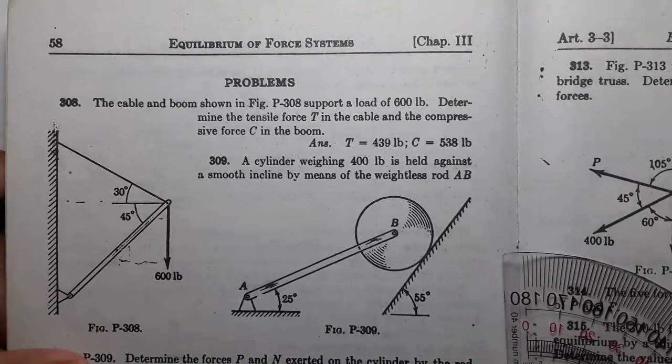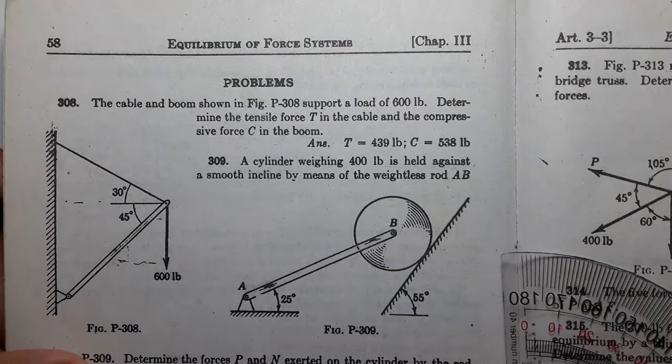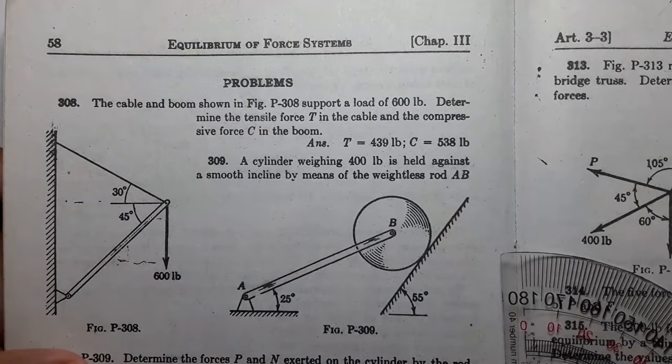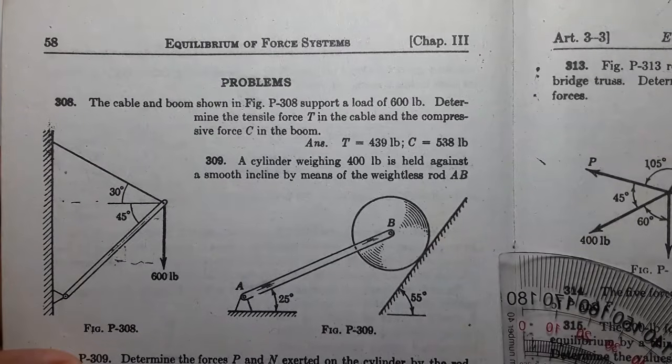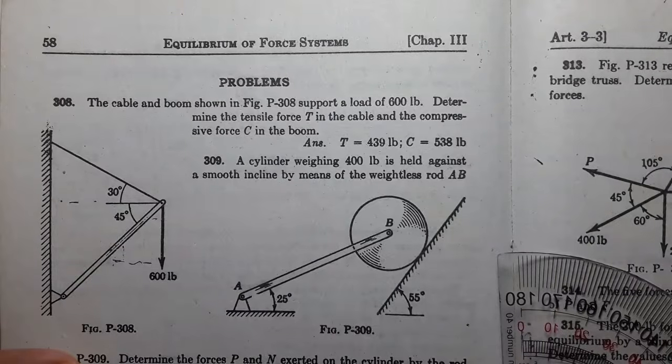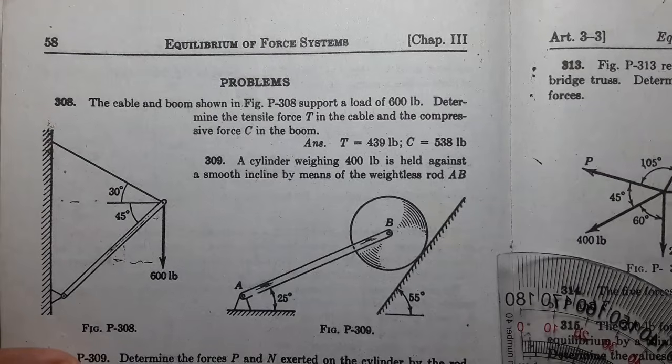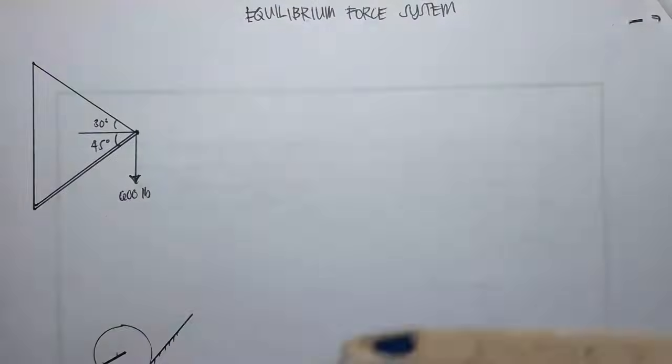308, the cable and boom shown in figure P-308 support a load of 600 pounds. Determine the tensile force T in the cable and the compressive force C in the boom.